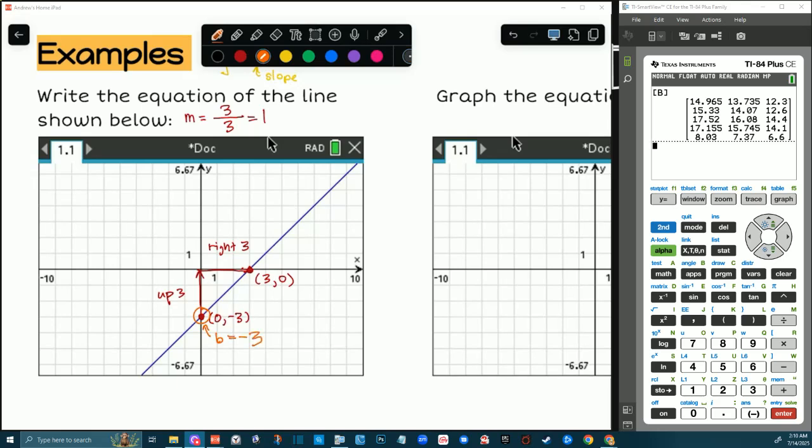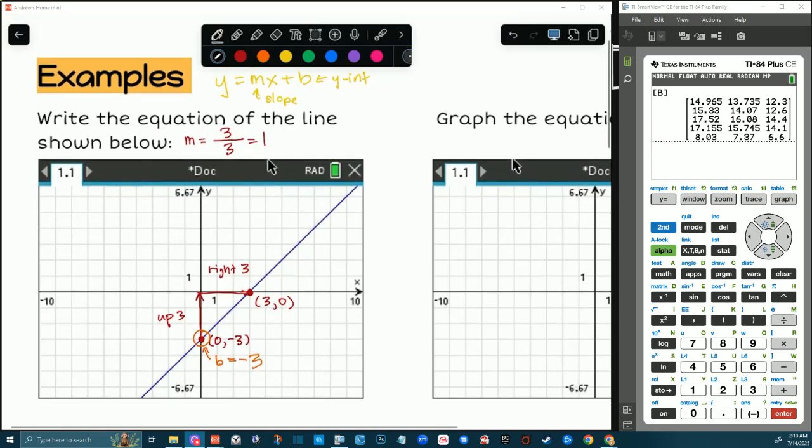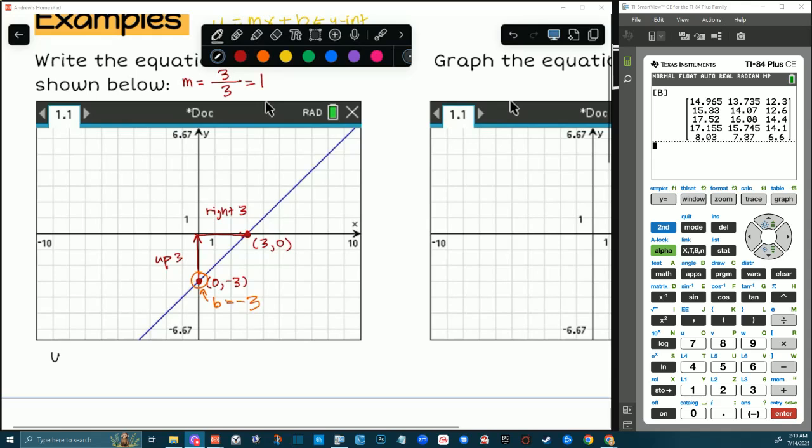So my y-intercept is negative 3. Putting that into that slope-intercept equation, I get y equals 1x minus 3. I know that 1 times anything is itself, so you will more commonly see mathematicians write this as y equals x minus 3, because 1 times x is just x.